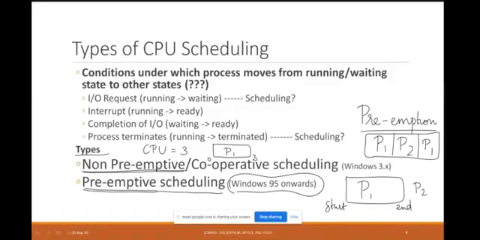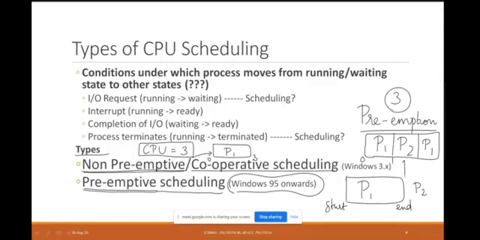Understood? So I have a CPU time of 3 seconds. In between this 3 seconds, I am not going to allow any other process to come and interrupt. That is called non-preemptive or cooperative scheduling. But in preemptive scheduling, with the same CPU time of 3 seconds, say I have executed my process P1 from 0 to 1.